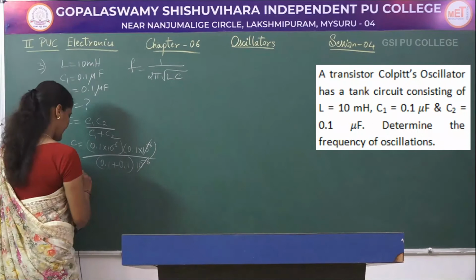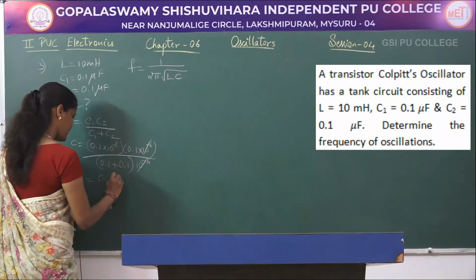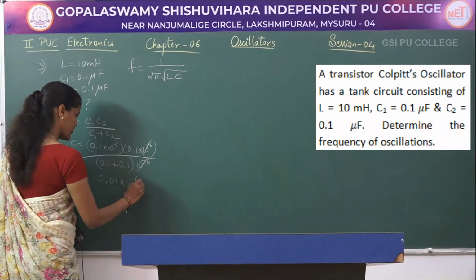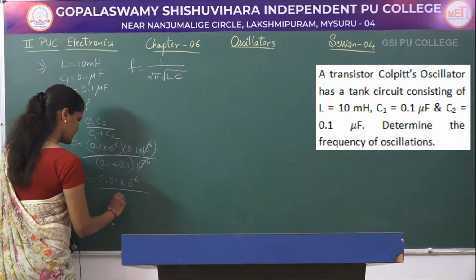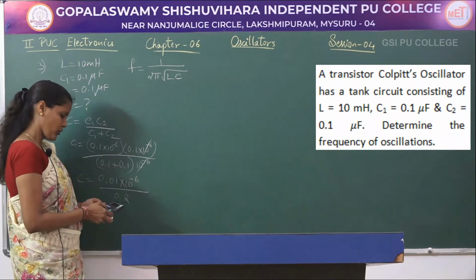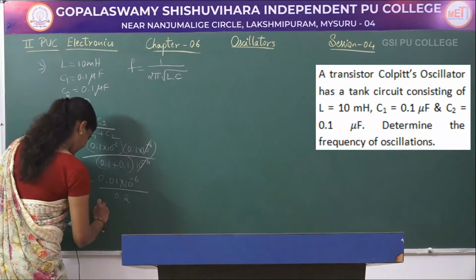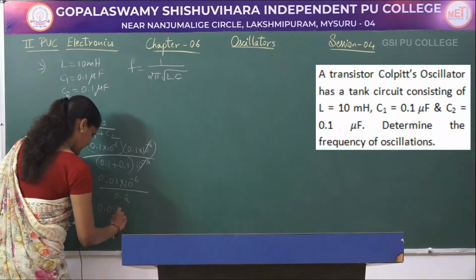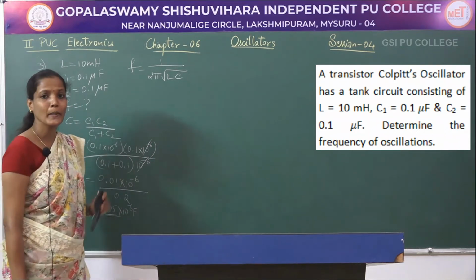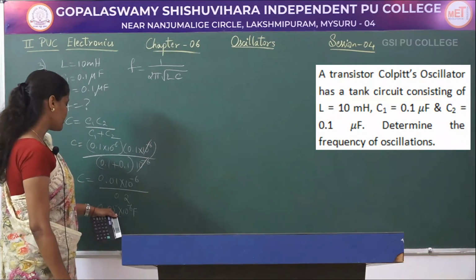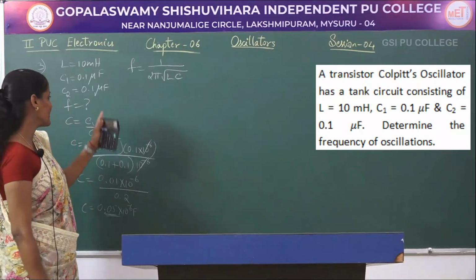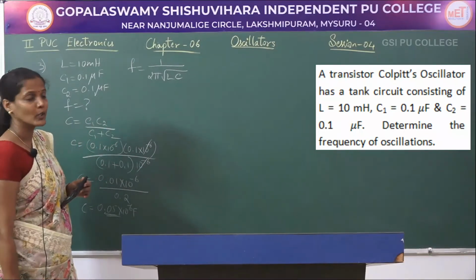So C is equal to 0.01 into 10 to the power of minus 6 divided by 0.2. So C value is equal to 0.05 into 10 to the power of minus 6 farad or 0.05 microfarad. So let us substitute this value of C in this particular expression and find out the value of frequency.